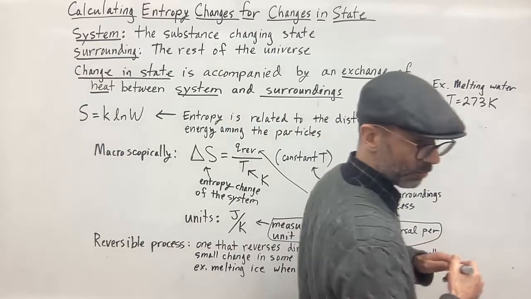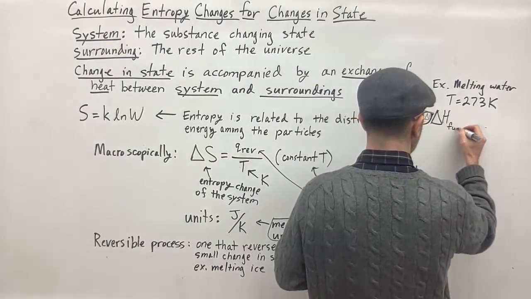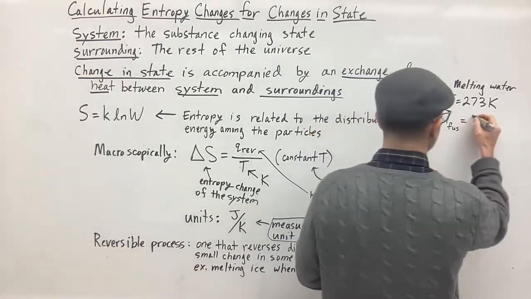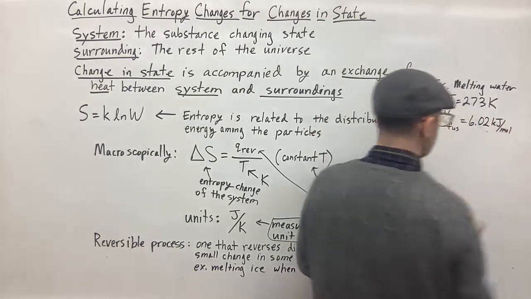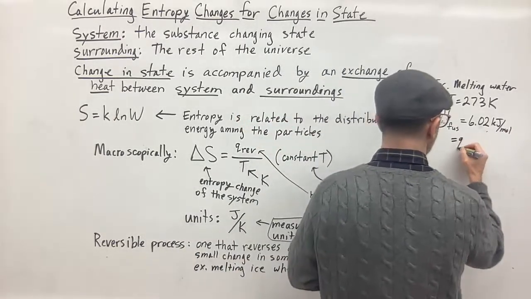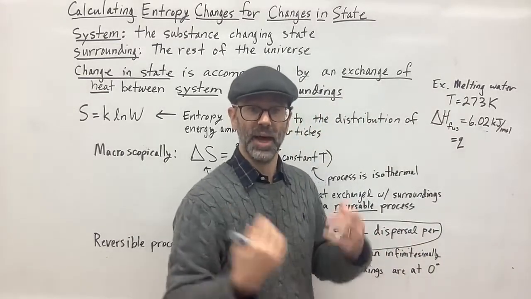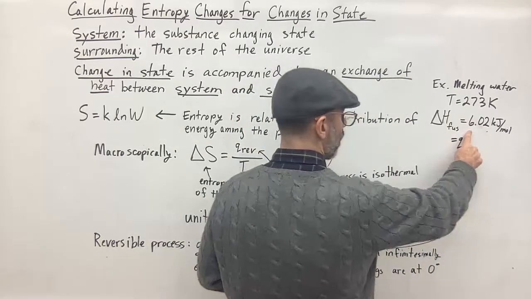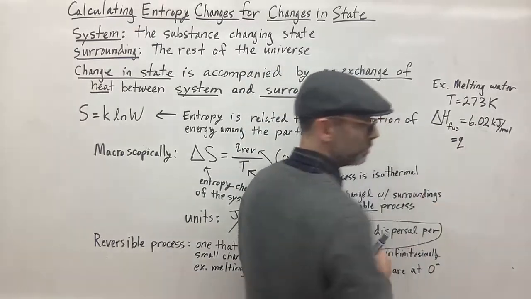The heat of fusion for water is 6.02 kilojoules per mole. So that's Q. This is the Q, the heat that's absorbed by the ice to get it to melt. Okay, so then we have our heat of fusion, which is kilojoules per mole, right?